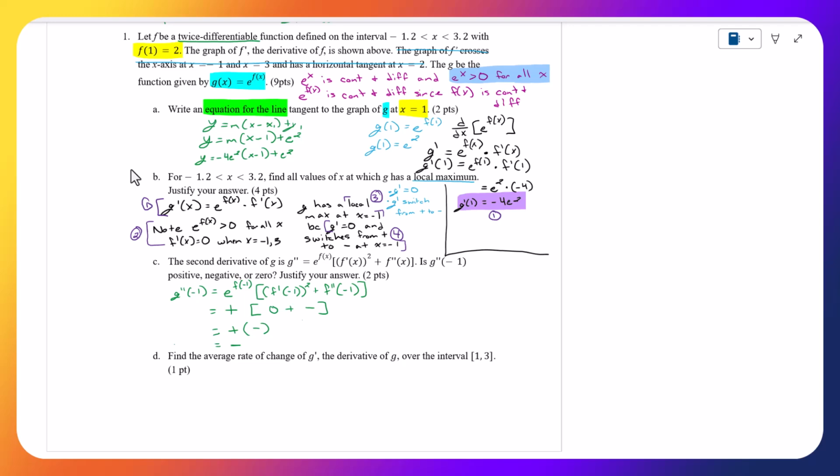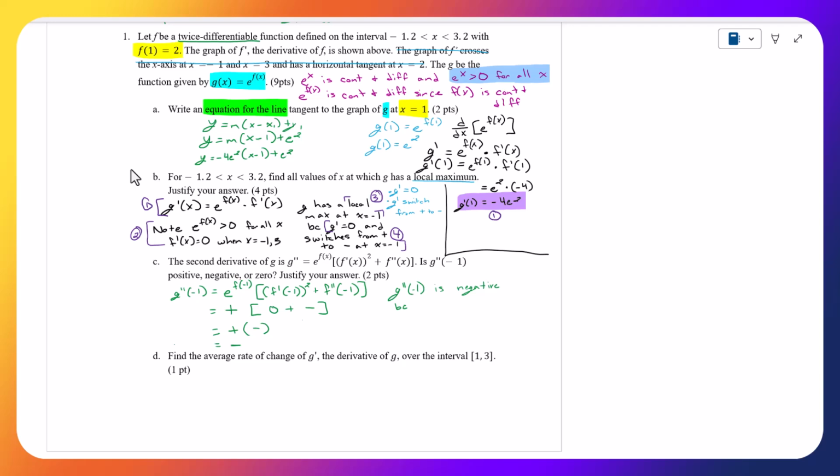because e to the f of -1 is positive, f prime of x, I'm sorry, f prime of -1 is 0, and f double prime of x is negative.